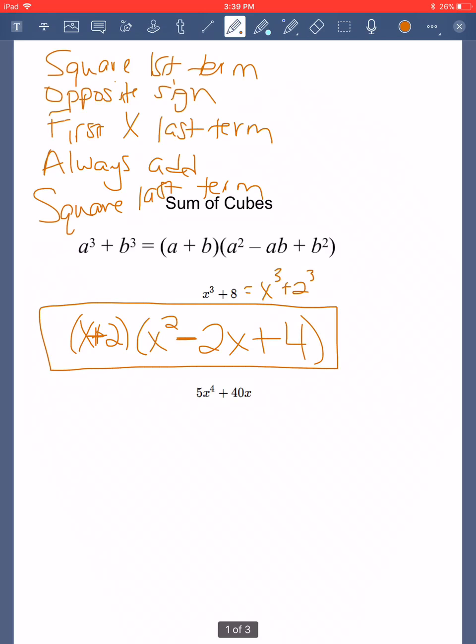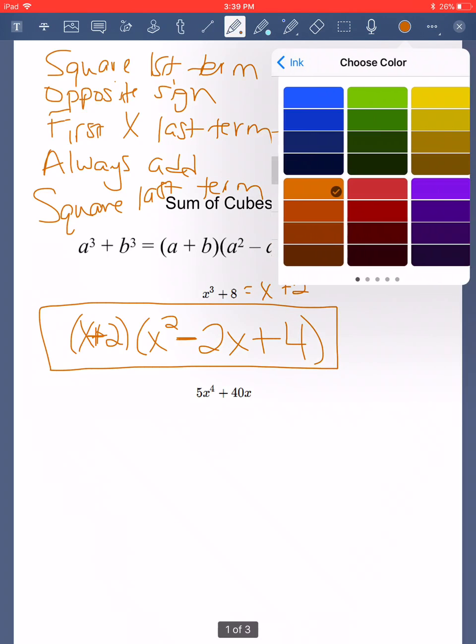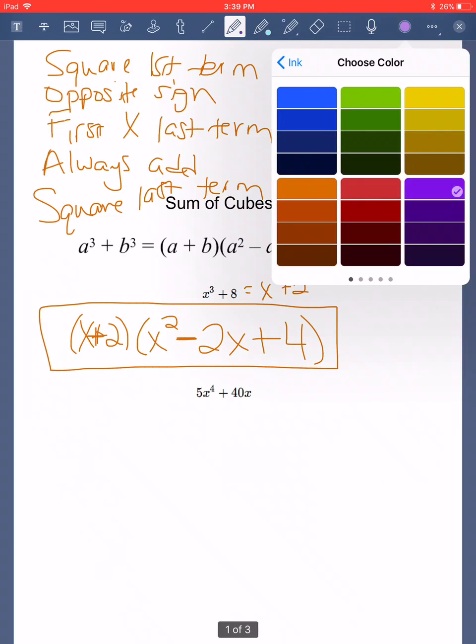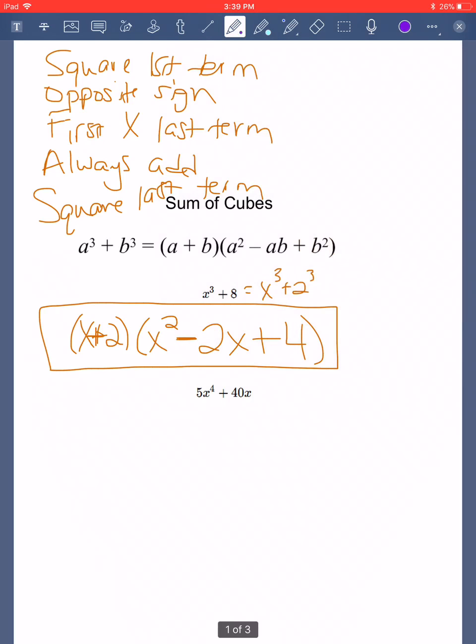So SOFAs works every single time. The next one, I have 5x to the 4th plus 40x. Well, I'm looking at the 5 and the 40, and I cannot rewrite either one of those as something cubed. So I'm not, at this point, able to use the sum and difference of cubes.